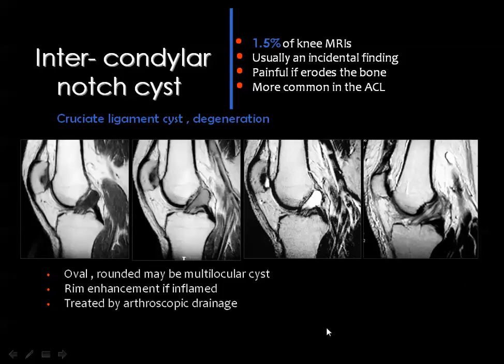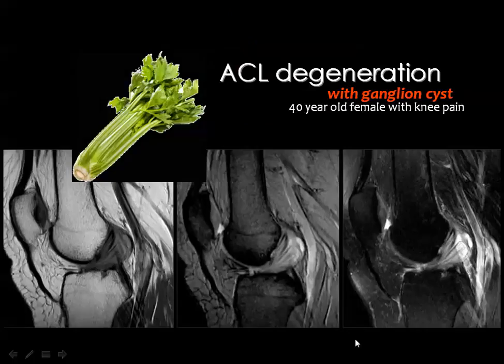The cyst contains fluid of bright signal in the T2 weighted image, but the ligament in the T2 weighted image is of relatively increased signal, and you can see some of the intact fibers going through the ligament itself. You should remember the celery stalk appearance, and here you can see the intact fibers within the swollen ligament here and there.